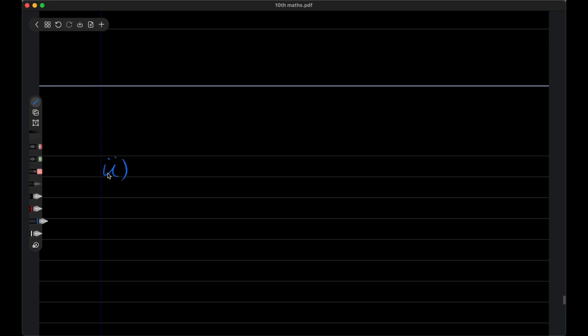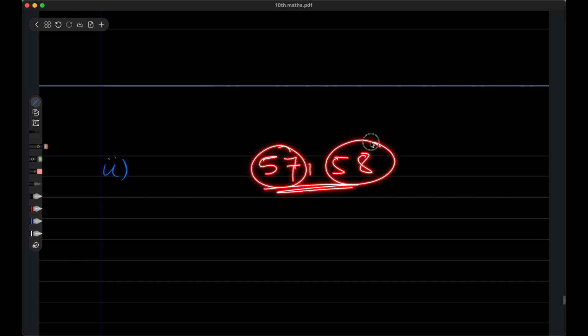Part 2. The product of two consecutive positive integers is 306. We have to find the integers. Product of two consecutive integers is 306. For two consecutive integers, we can take 2 and 3, where 2 is the smaller integer and 3 is the larger integer. We can take 57 and 58 as consecutive integers. 57 is the smaller integer, 58 is the larger integer.